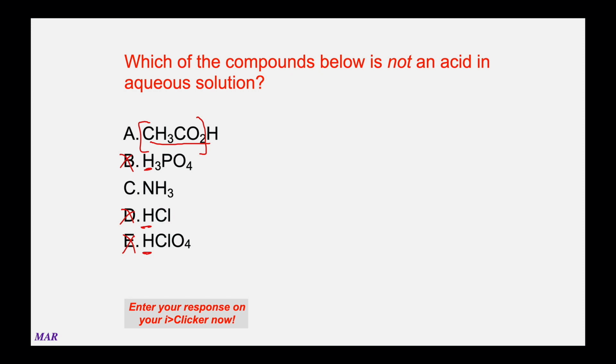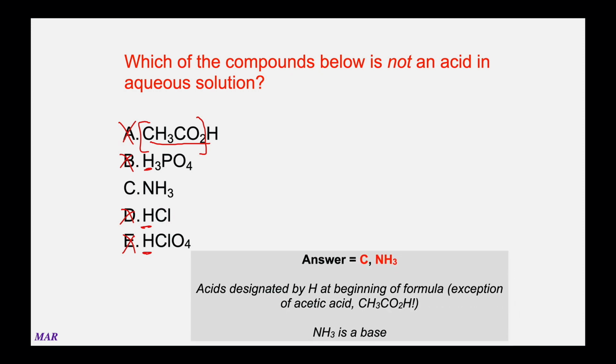And I don't know why acetic acid is usually written this way, but it is. I'm just going to let you know. So acetic acid is an acid, which unfortunately usually has a hydrogen listed last, and that's frustrating. C is ammonia, and ammonia has hydrogens, but ammonia is not an acid, it's a base.